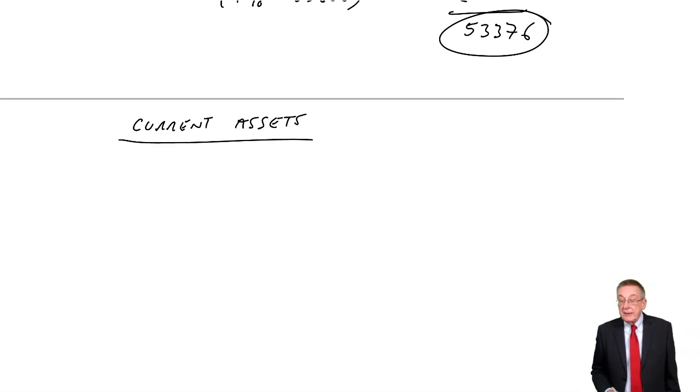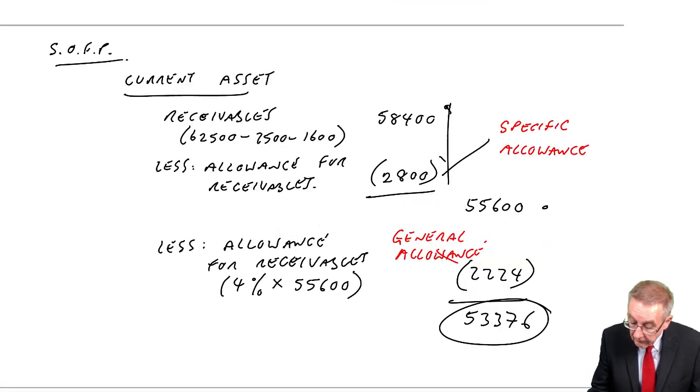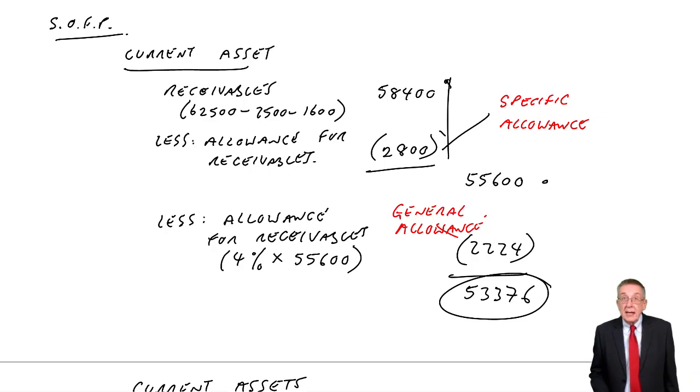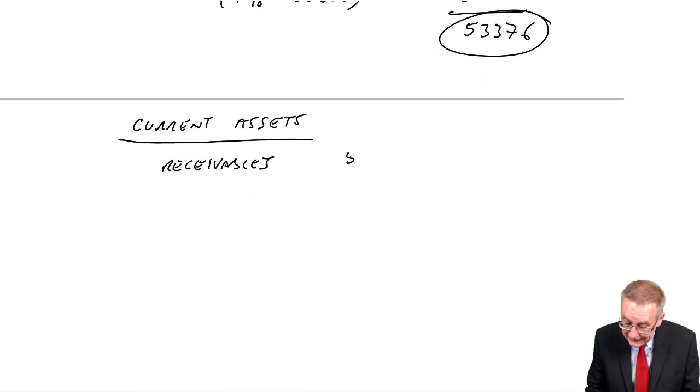We will end up showing 53,376, but we do show the breakdown. We show what the receivables are after removing any irrecoverables. After removing the irrecoverables, it was 58,400. We subtract this allowance for receivables.